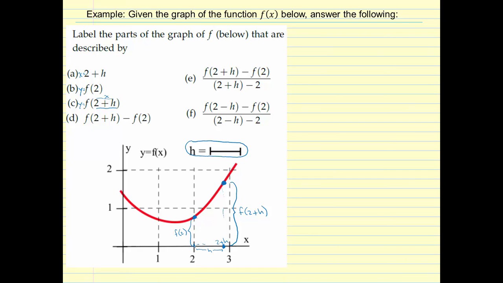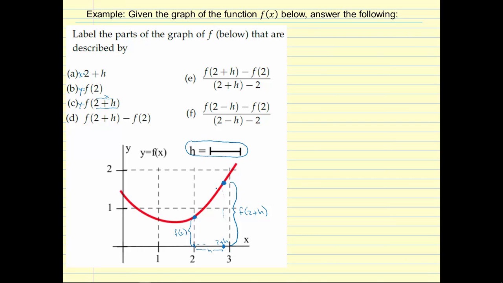So we've got so far 2 plus h is right here, and we have f of 2 is this distance up to the curve, this height, and then f of 2 plus h is this height from the x-axis to the curve.